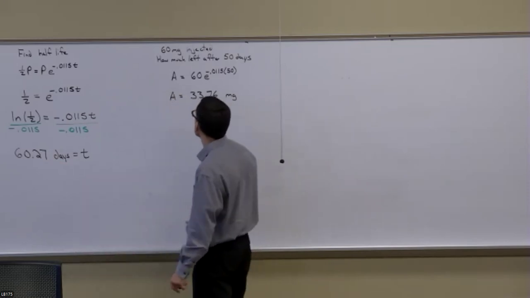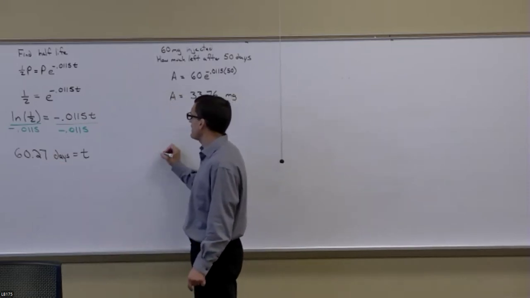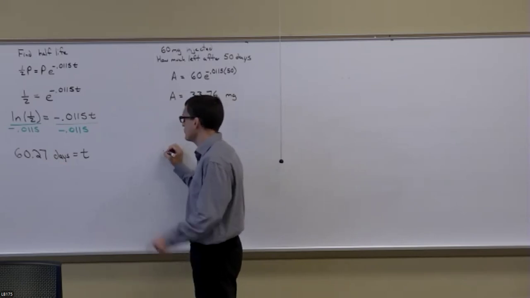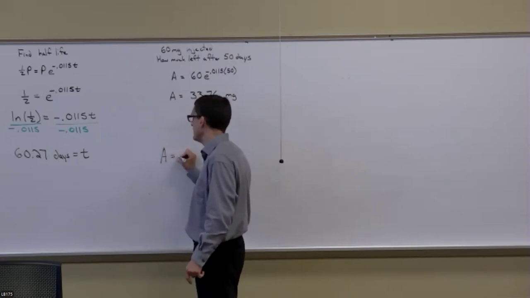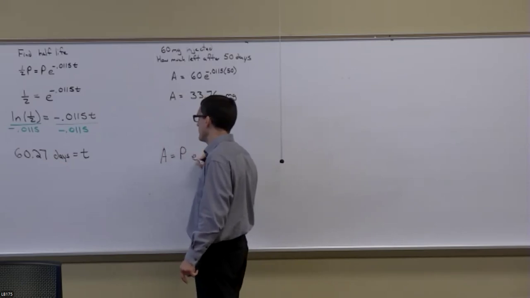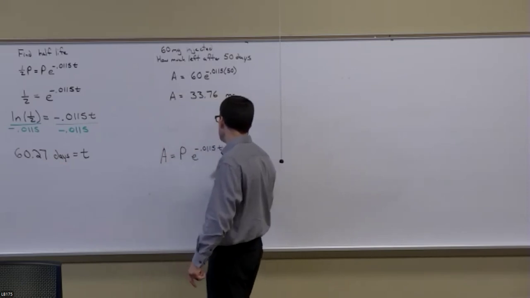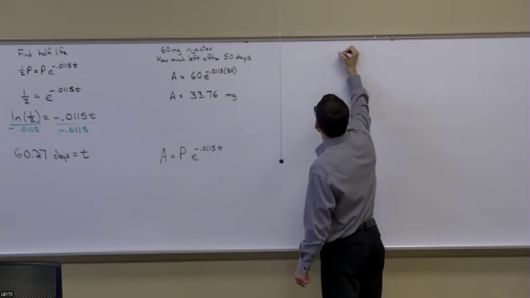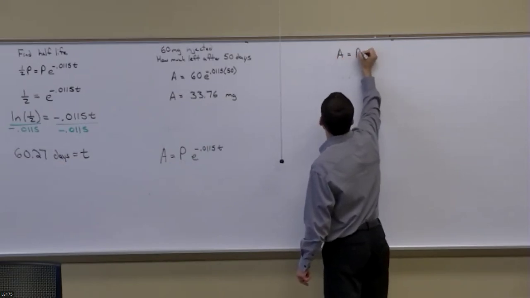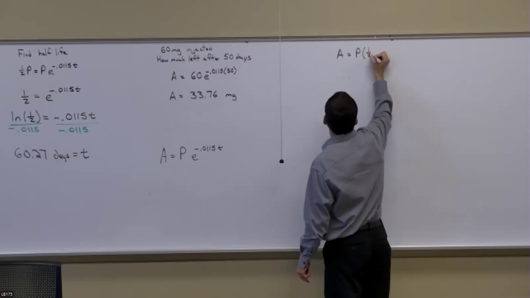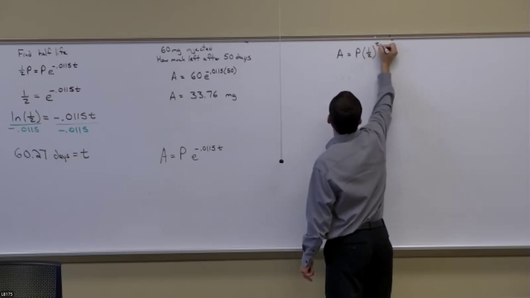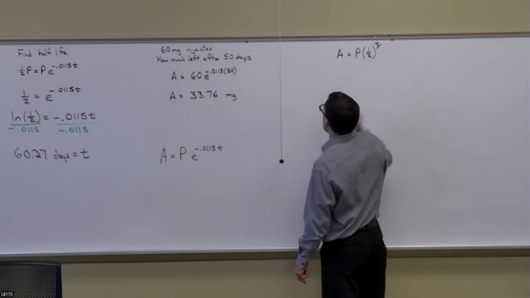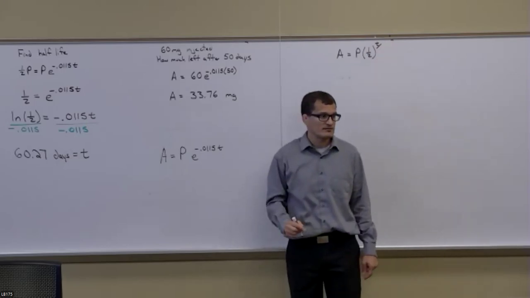We had our equation, just like over there, written as A equals P times e to the negative 0.0115 t. Last class period, we said if we know how long it takes to be cut in half, we could have used 1/2 to the t over the length of time it takes to get cut in half.